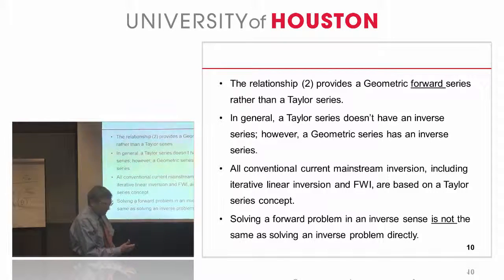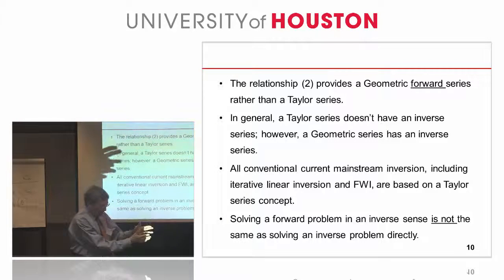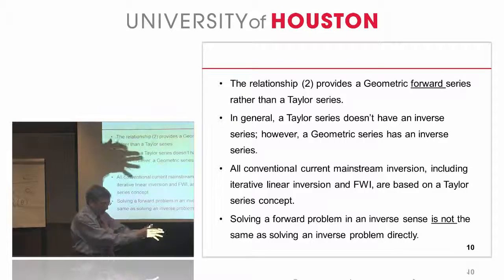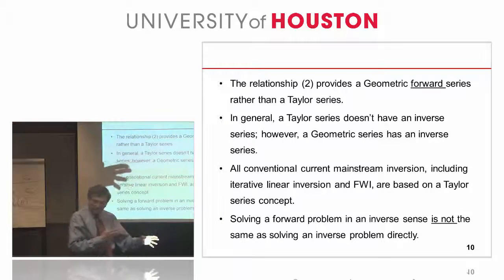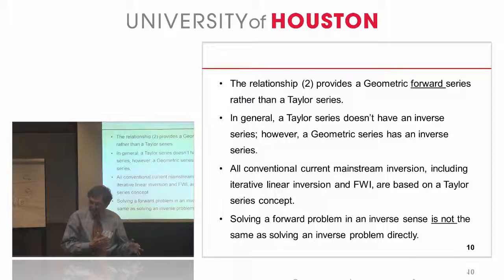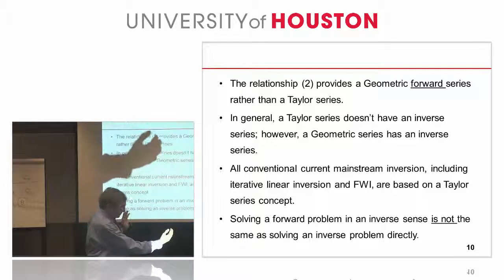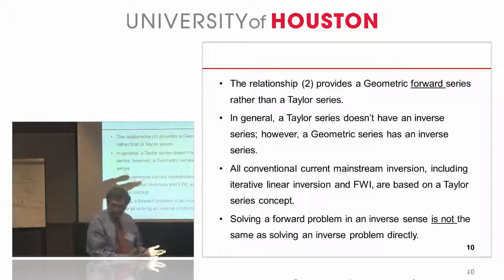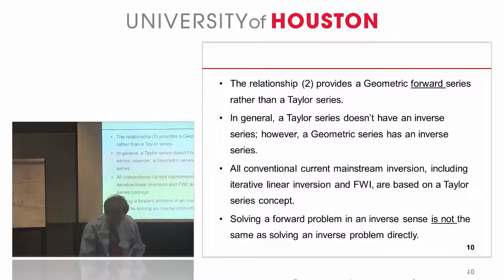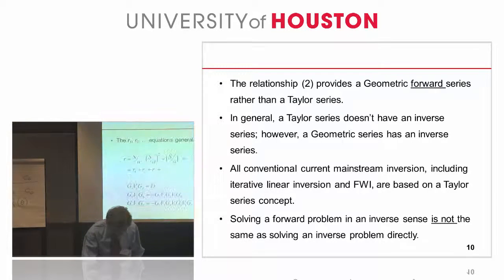And it's not crazy that they do that, because that's the first term of the Taylor series. But what are you going to do if you have more than the first term? We don't have a way to invert Taylor series. We have ways to invert geometric series. So it's not crazy. They take a forward problem linearly and update.